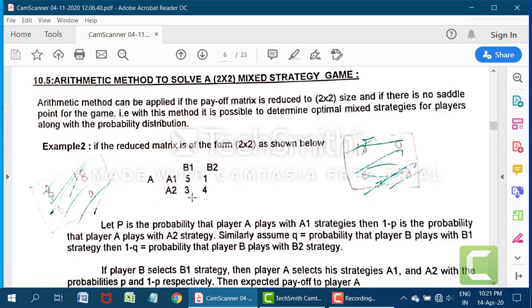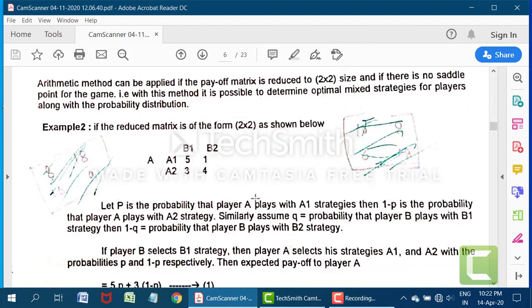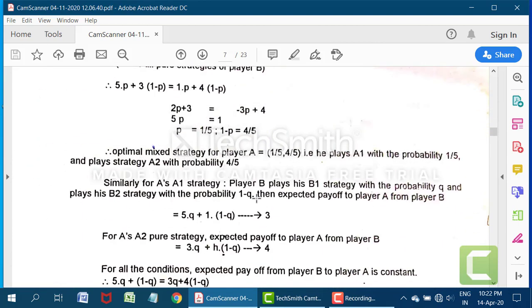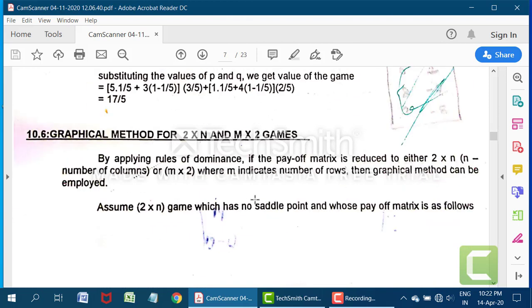Only if there is no saddle point should you go for the arithmetic method to find the solution for the mixed strategy game. So when you are given a mixed strategy game like this, you need to find the mixed strategy for player A, the mixed strategy for player B, and the value of the game.